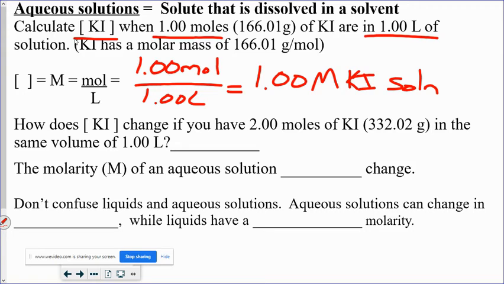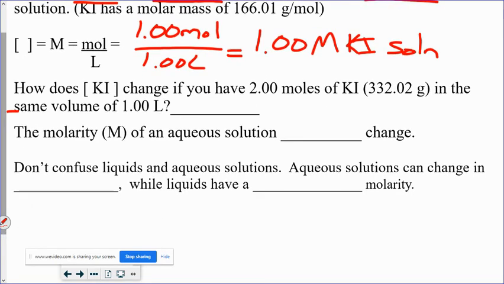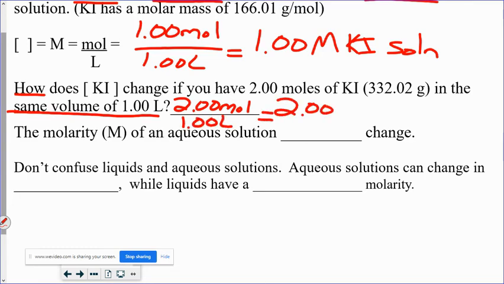But now, if I go to this second one, it says, how does the molarity of potassium iodide change if you have 2 moles of potassium iodide? Well, if I take 2.00 moles of potassium iodide, and we have the same volume of 1 liter, so in other words, we're making a more concentrated solution, 1.00 liters, to do the molarity of that, that's 2.00 molar potassium iodide solution.